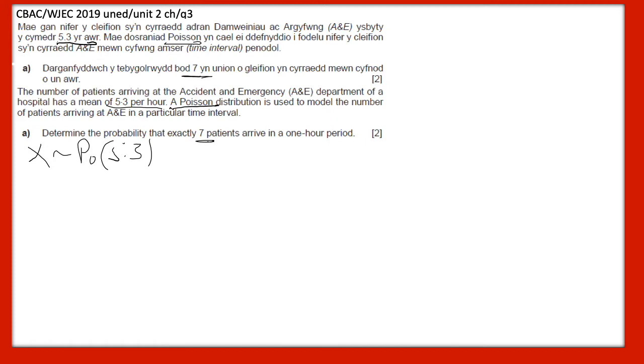and your calculator will do this for you, but it is a good idea for you to write something along these lines. The probability that x equals 7 is given by e to the minus lambda, in this case 5.3, lambda to the r, 5.3 to the power 7 over 7 factorial.